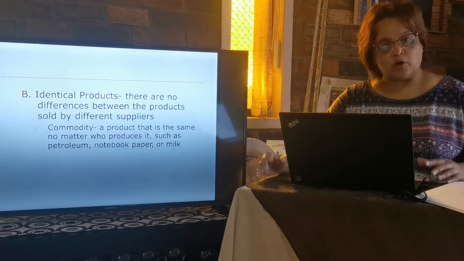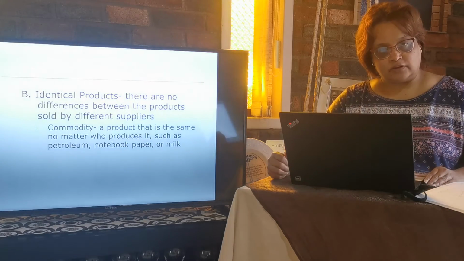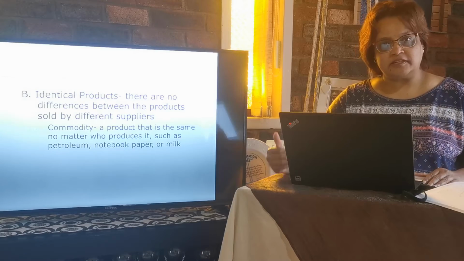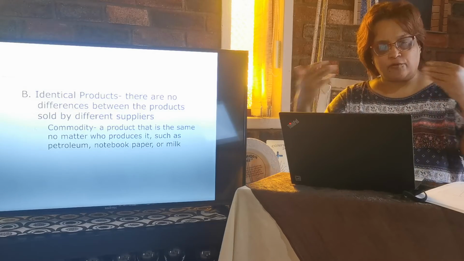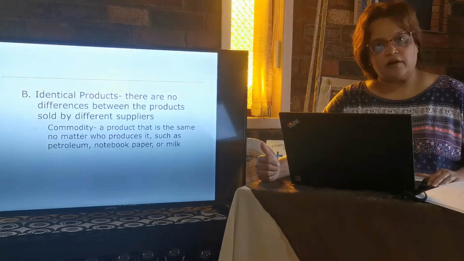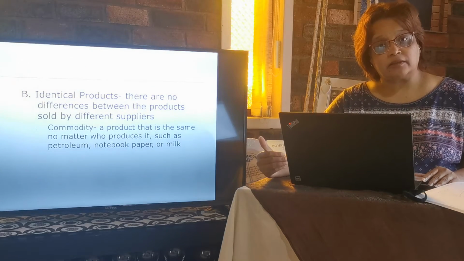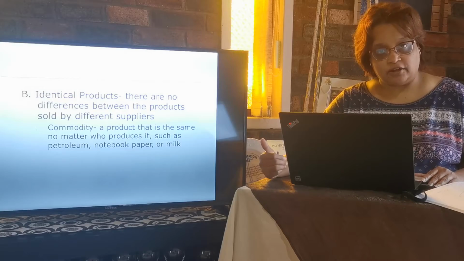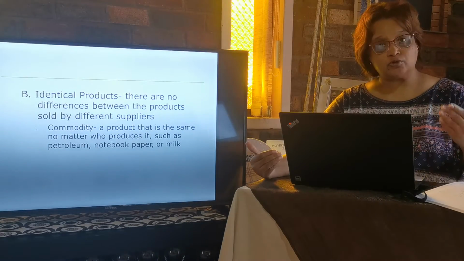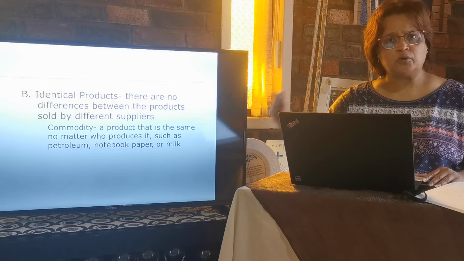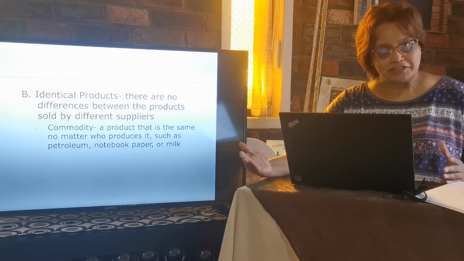Identical products, meaning the product has a homogeneous set of characteristics. For example, there's a breakfast cereal, and the sellers will compete with one another to get a better market share. If you go into any retail store now and look at the shelving, you have a variety of cereal.